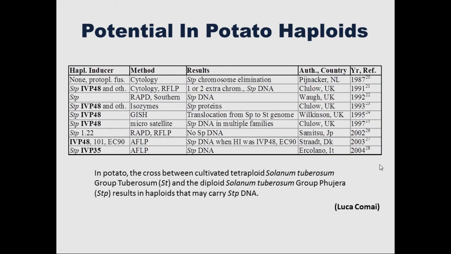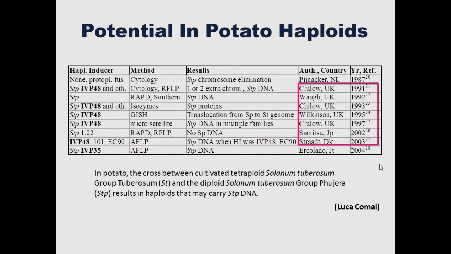So how does this relate to potato haploinduction? There has actually been a long history and precedent for haploinducer chromosomes in potatoes. So potatoes, the Freya varieties are shown here. They're usually called IVPs.